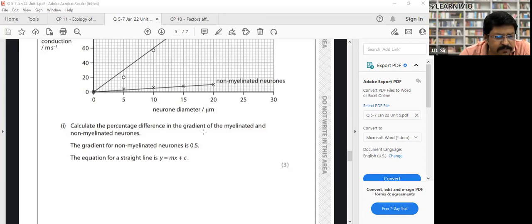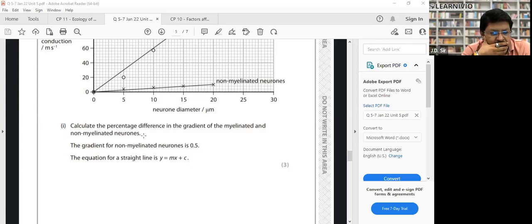Calculate the percentage difference in the gradient of myelinated and non-myelinated neurons.